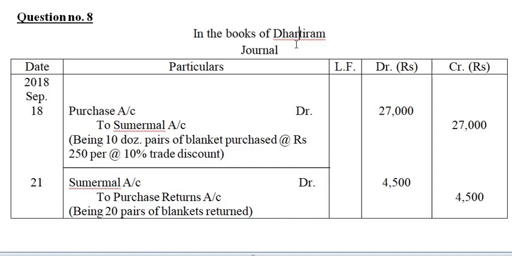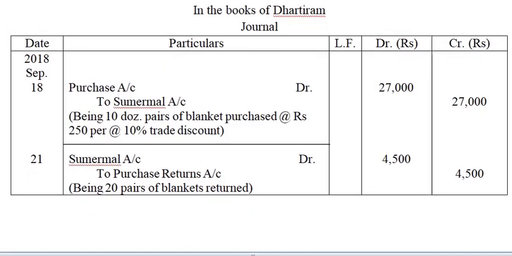Here Dhartiram is a buyer and Sumarmal is a seller. So let us start with the books of Dhartiram, the purchaser or the buyer. That's question number 8.